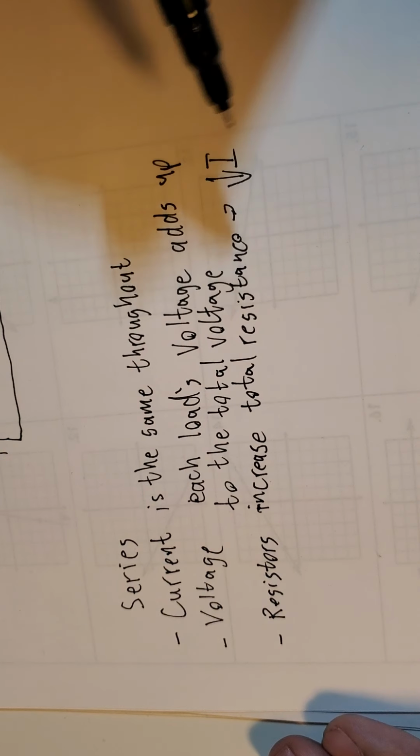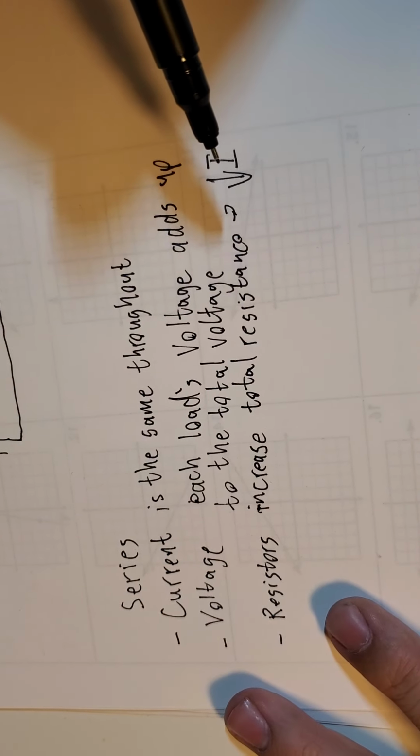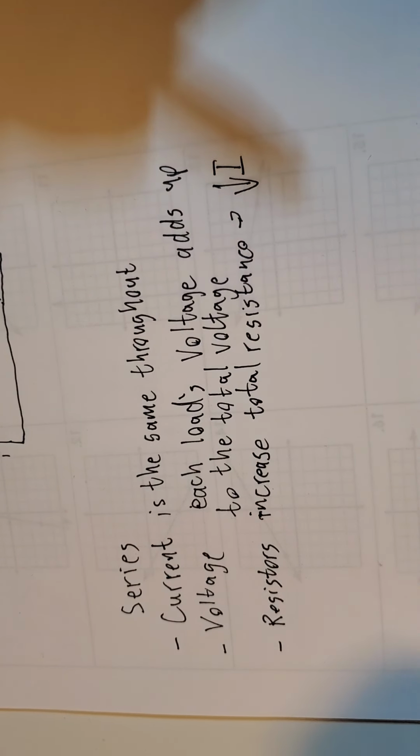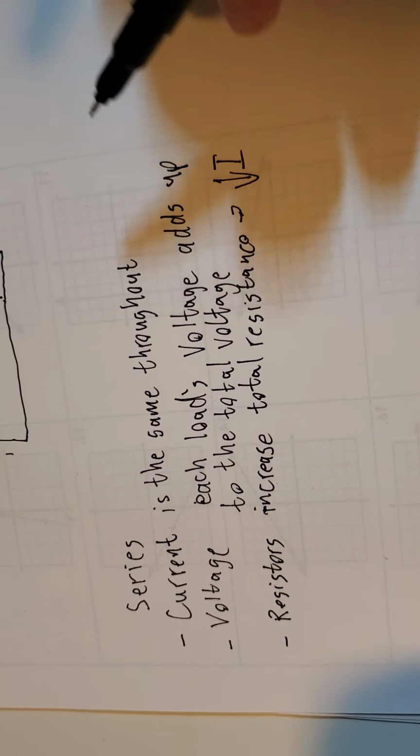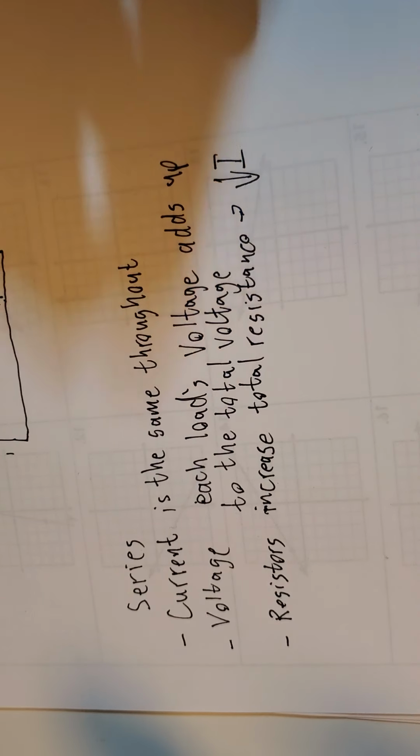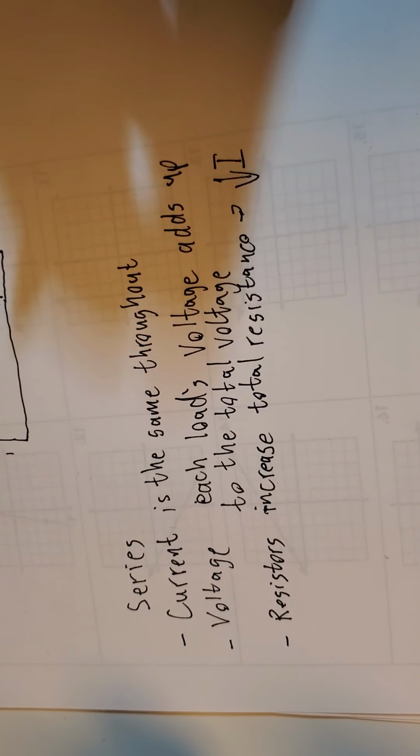Because V equals IR, and if you increase your resistance, your amount of current goes down. So this would make sense, right? Because if you have, for example, a flow of water, and you put a small dam or something to block the water, it's going to slow it down. And if you put another block, it's going to slow it down again and again and again, right? So when you put resistors in series, they're going to add up and become more resistant.